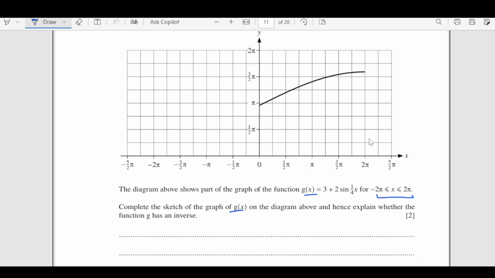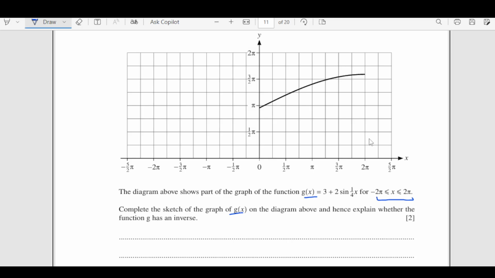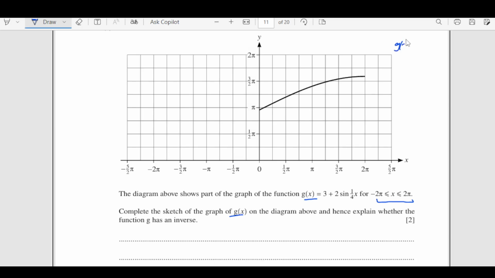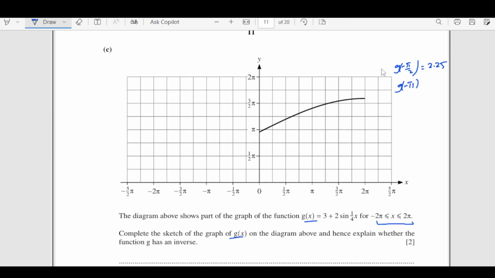So we will take all these values at 2 pi, then we have half pi. So I will start with this one, negative 2 pi, negative pi by 2. So g of negative pi by 2. So I'm just using my calculator here. So I'm getting here, this is the value 2.25, right? Then g of negative pi, this one we are looking for now, g of minus pi.